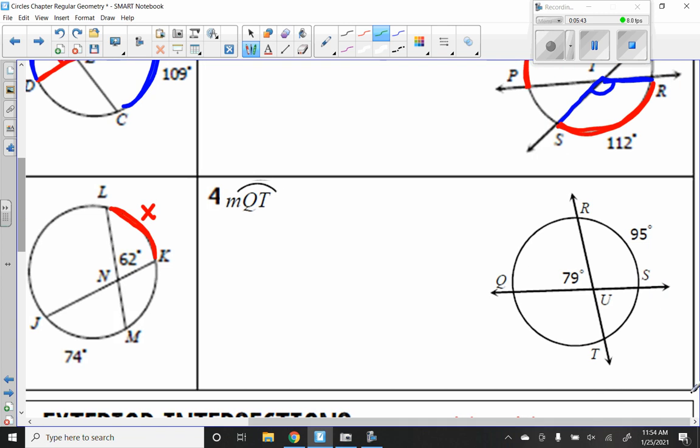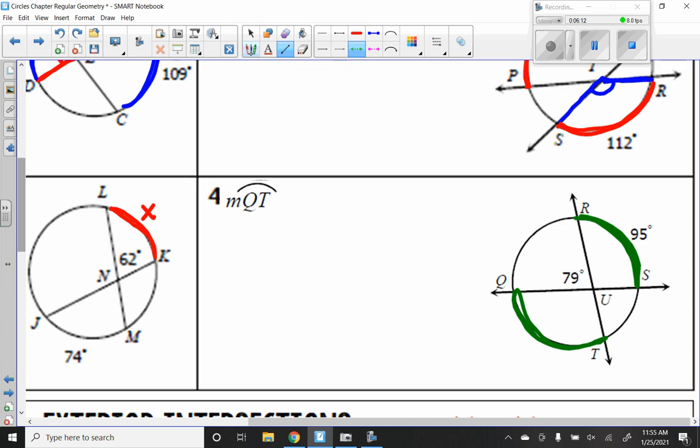I have to keep going and make this a little shorter, okay? Here's where they get a little tricky on you. They want QT. Look at this. QT and 95, not so much up and down, but they're on the same line. I need one of these angles.